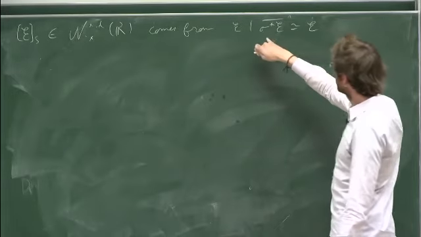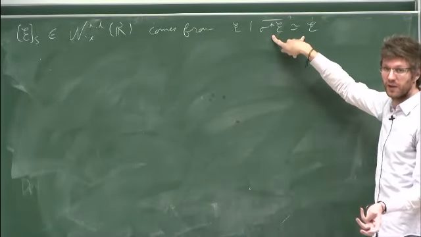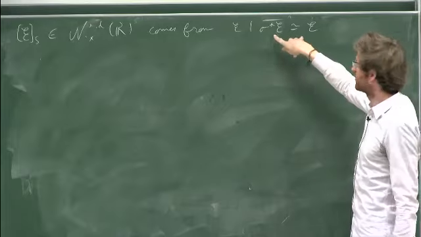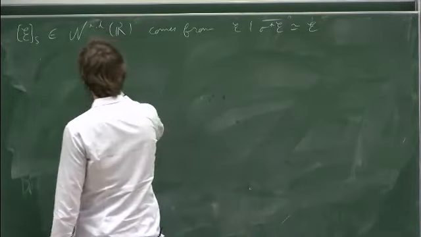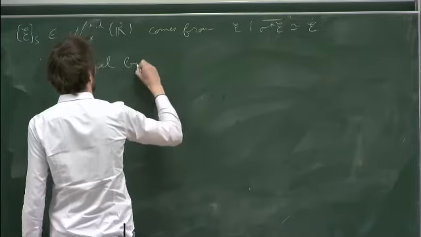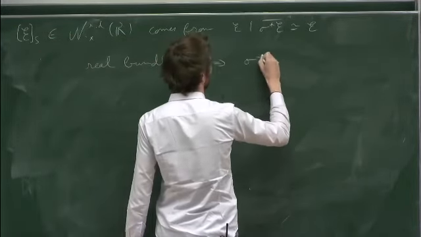But as it turns out, this condition is not equivalent to being a real bundle in the sense of Atiyah. If you are a real bundle in the sense of Atiyah, then you are a fixed point of this, but not the other way around, even if the bundle is assumed to be stable.